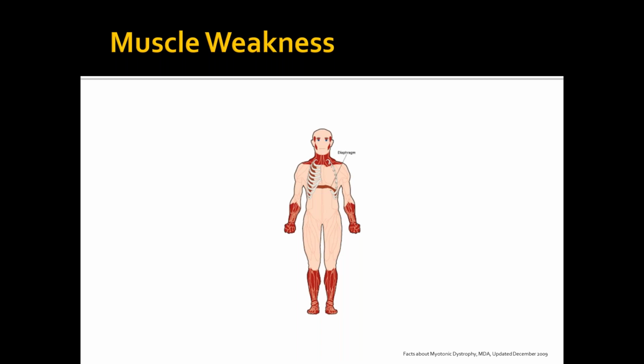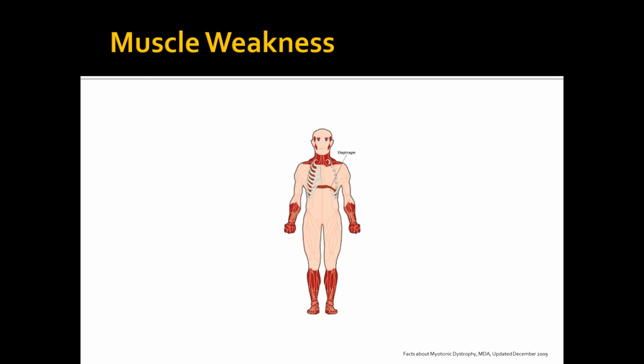We also notice muscle weakness of the neck and the face muscles. And so you might know that sometimes people with myotonic dystrophy have a very specific look to their face. And this generally is because of a muscle weakness that happens in the face muscles.